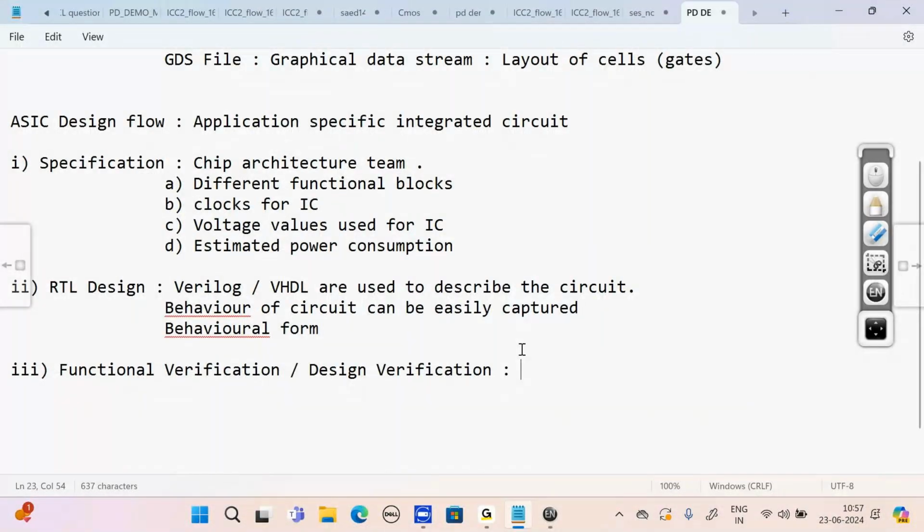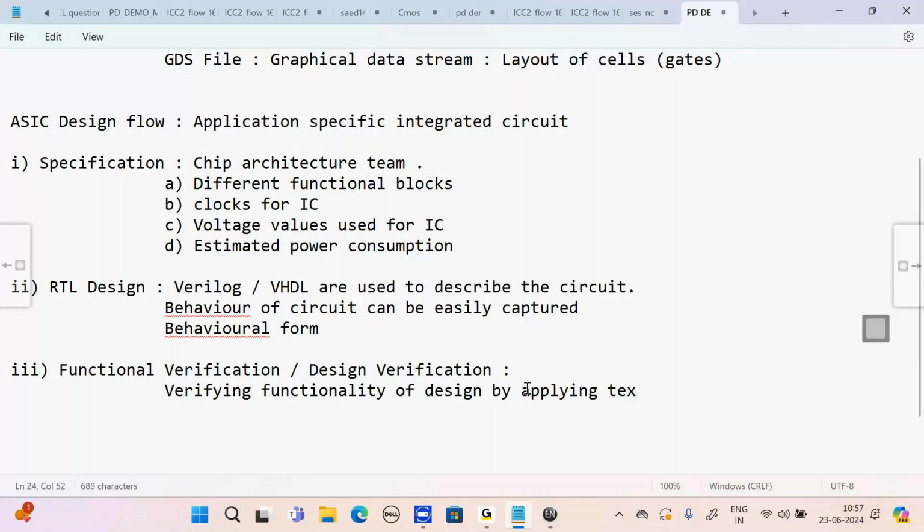Functional verification is nothing but verifying the functionality of the design. Where is the design now? Design is in RTL form, meaning in Verilog or VHDL form. So it is verifying the functionality of the design by applying different test cases.